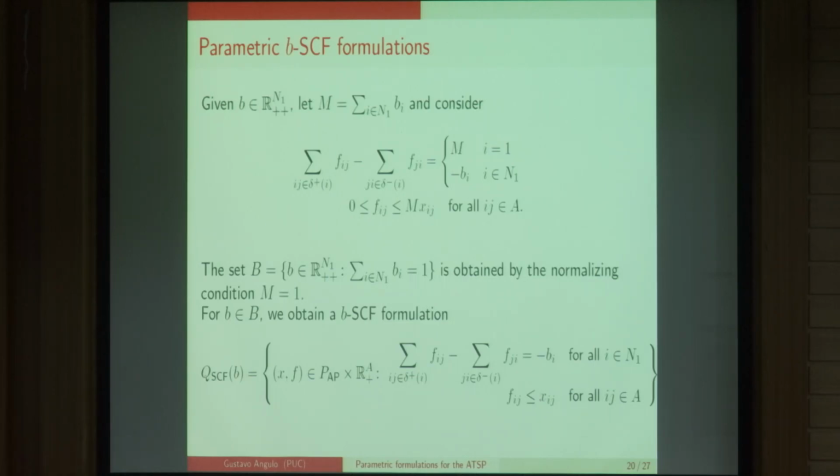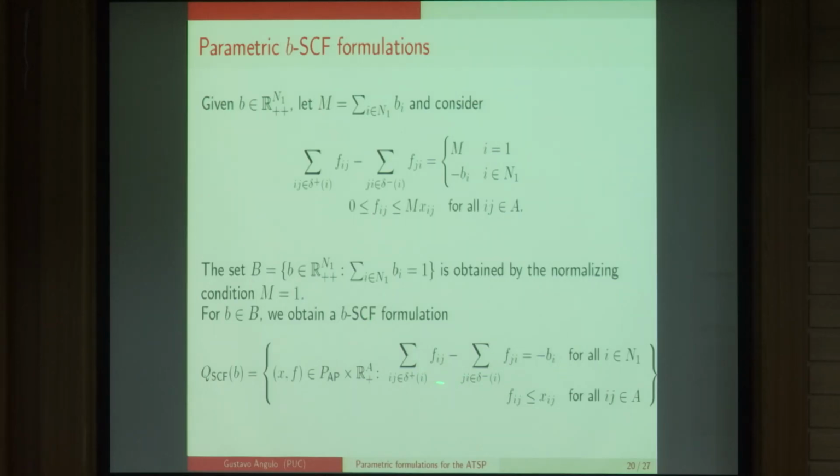Okay, so again we normalize and we take m equal to 1, and we arrive at the set capital V, where we have positive entries summing up to 1, which are the demands of the remaining nodes. And therefore the generalization of the single commodity flow is as follows.